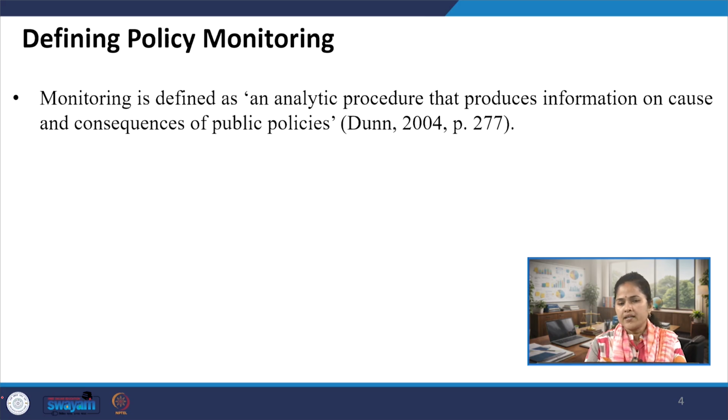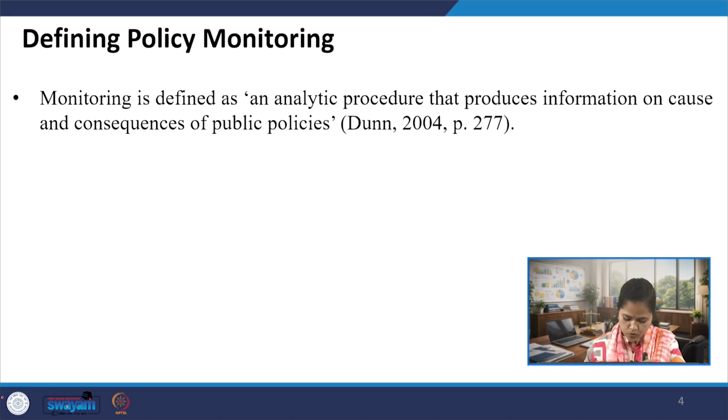As I told you, the common meaning of monitoring is that the monitor observes, then collects data and information based on the observation, and then tries to analyze and interpret the data that is collected. So that becomes monitoring. Okay. So given this knowledge, we can define policy monitoring.